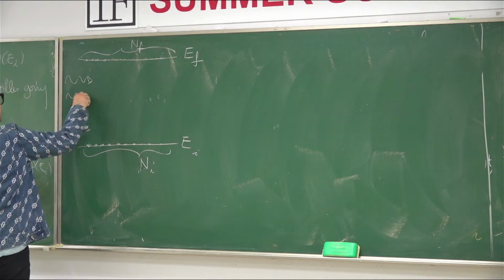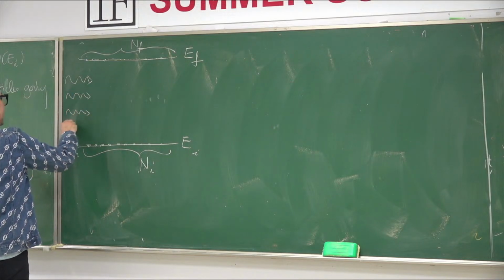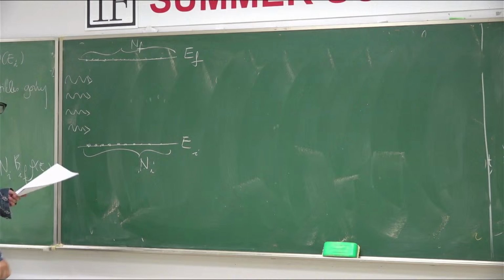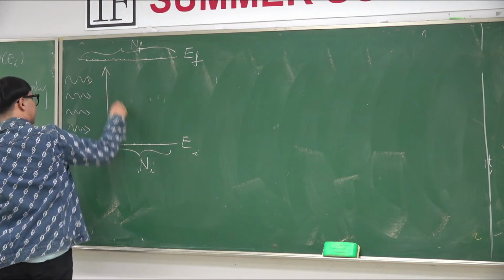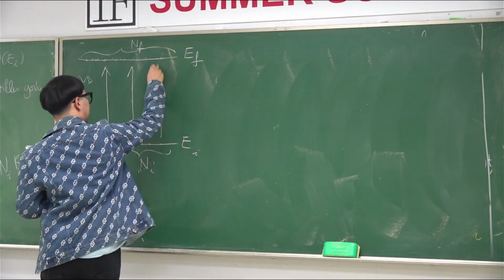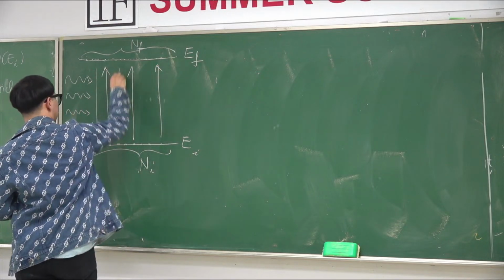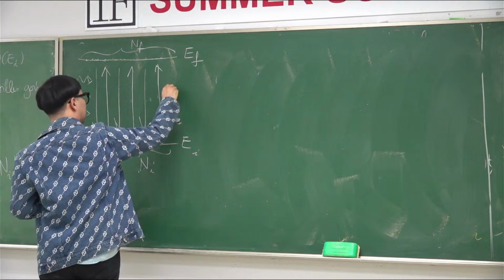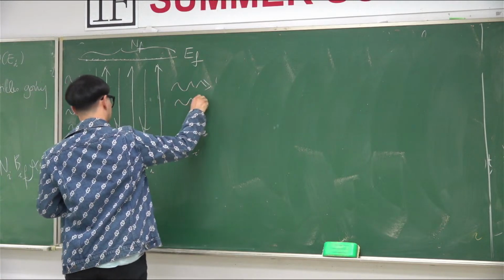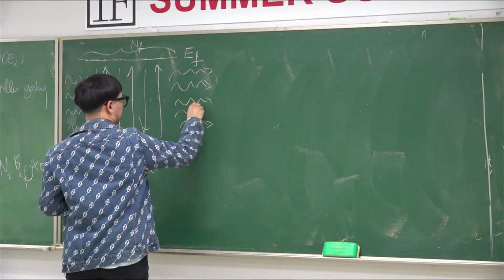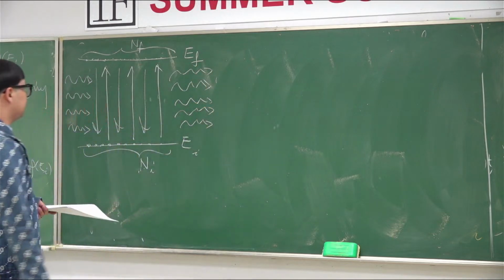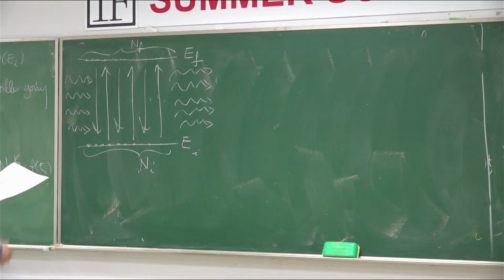Once you put the external field, it means that you put in energy. This process will make the particles go up and down, and then release the energy, right? This kind of thing.